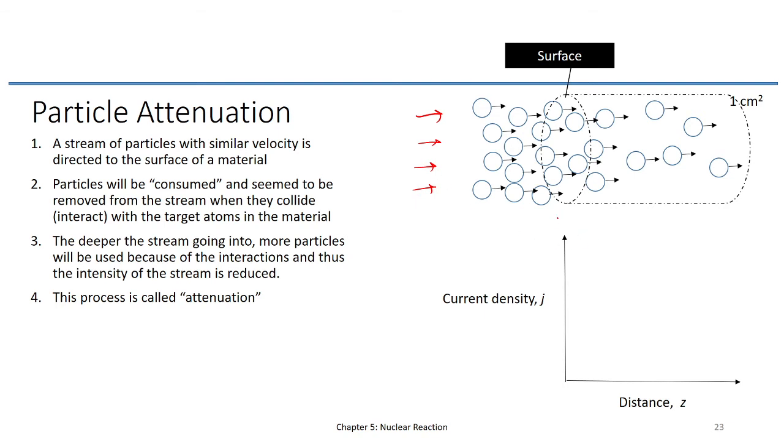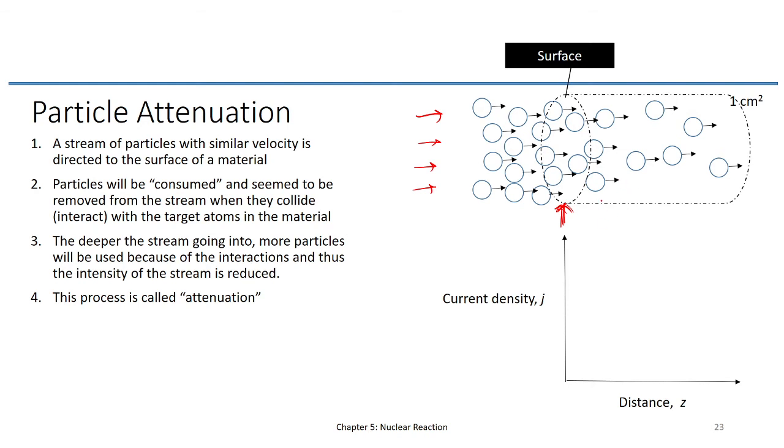Now we want to see, at the surface of the cylinder, the number of our projectiles is at the maximum, because up to this point there are no target nuclei for the projectile to interact with.